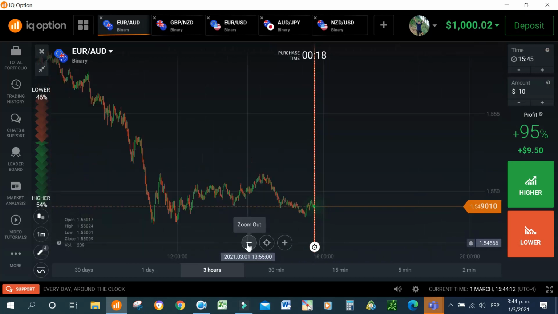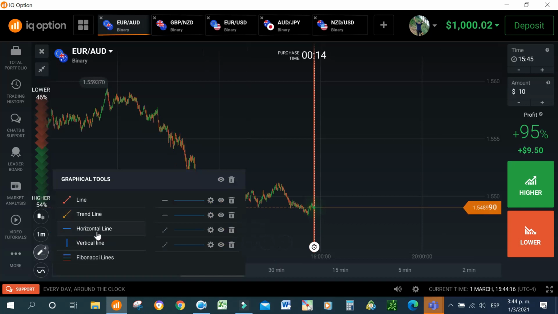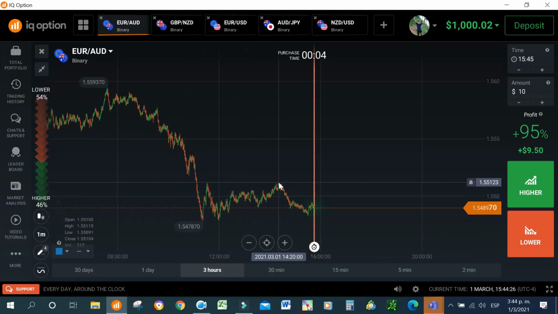So guys, the first thing I do is to place my support and resistance levels on the most current resistance and support levels. For example, we have a resistance level where the price was rejected from.